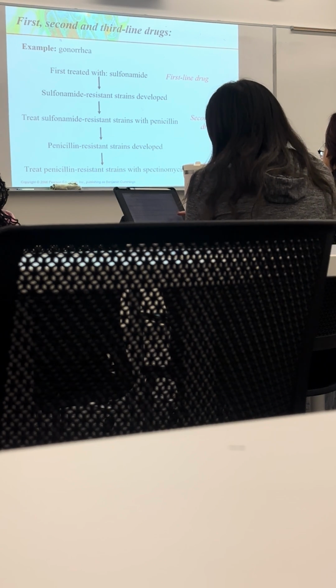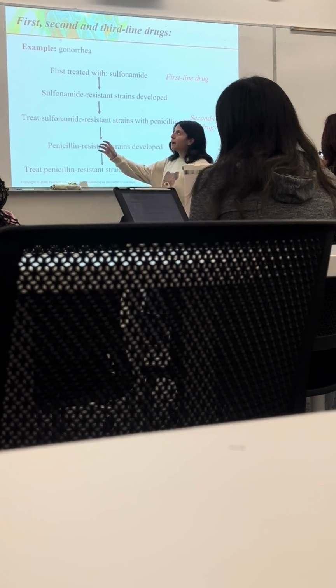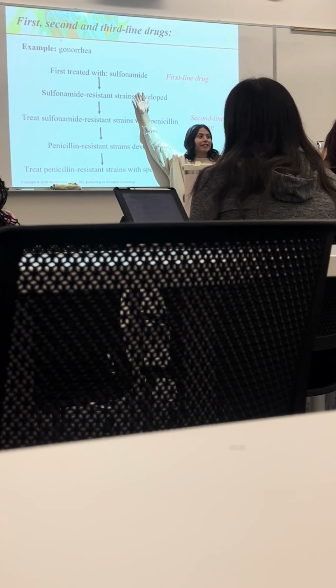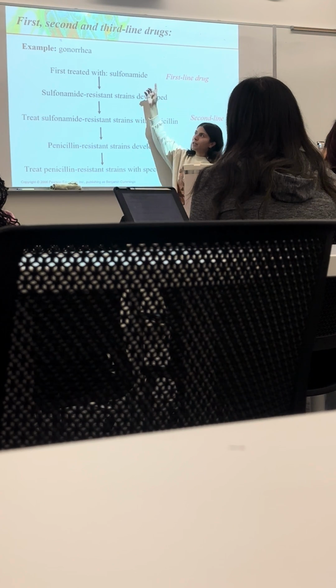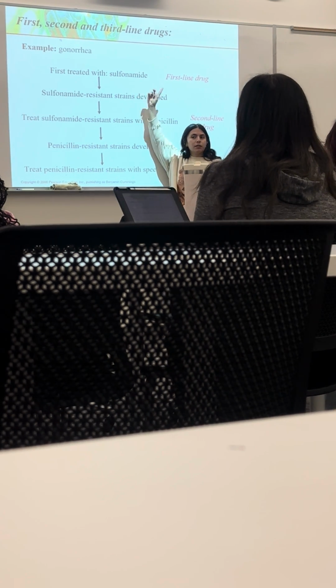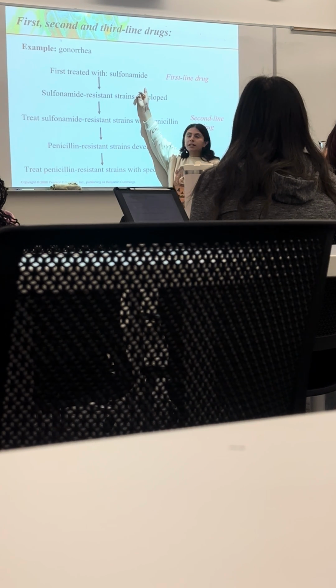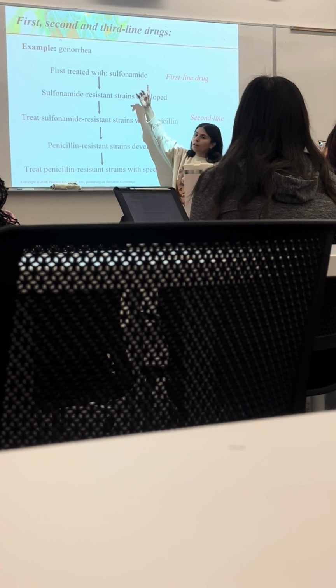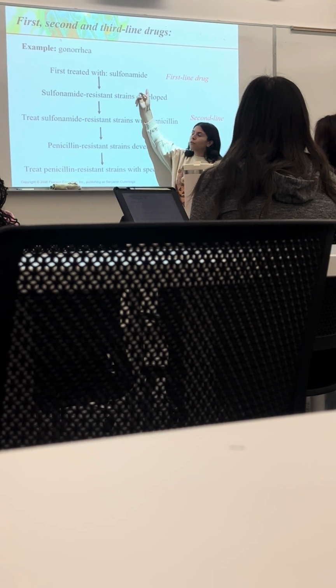First line, second line, third line of drugs, okay? Let's say, so this is what we have seen in things like gonorrhea, okay? You give a sulfa, right? Patient comes in, you give them sulfa. Then there's a mutation, and it did, let's say, alteration of that enzyme pathway, right? So now sulfa doesn't work.